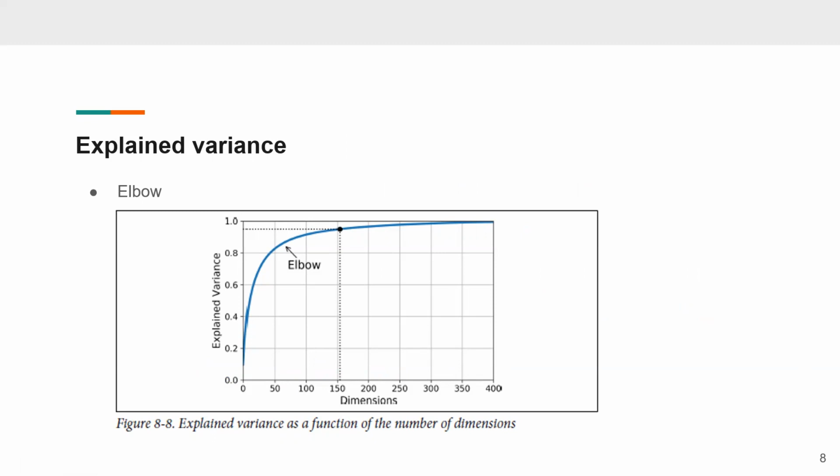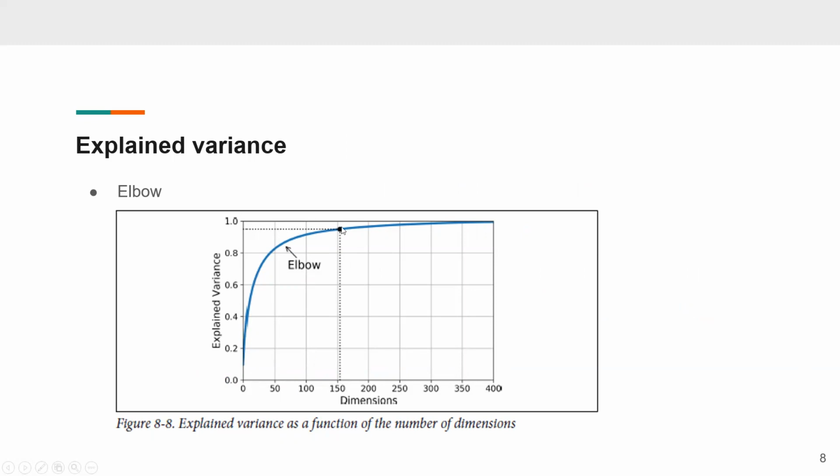The x-axis is the number of dimensions, and the y-axis is the explained variance, as we just mentioned. As you keep adding components, you increase the explained variance, that cumulative sum. In this example, you see that the explained variance goes up rather quickly as you increase the number of dimensions.